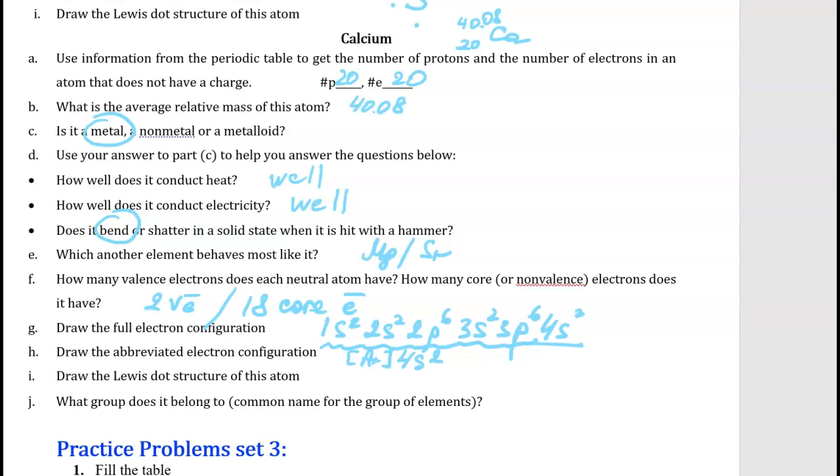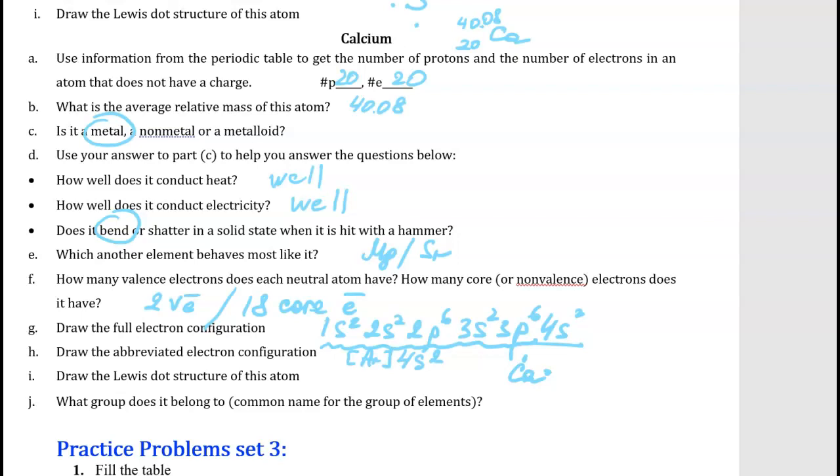Draw the Lewis dot structure of this atom. And you know how to do that? How many dots do we need to draw? 2, because it has 2 valence electrons. So 1 and 2 go to the other side. Okay. What group does it belong to? Common name for the group of elements.